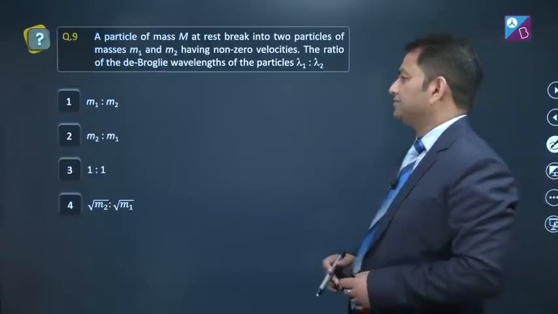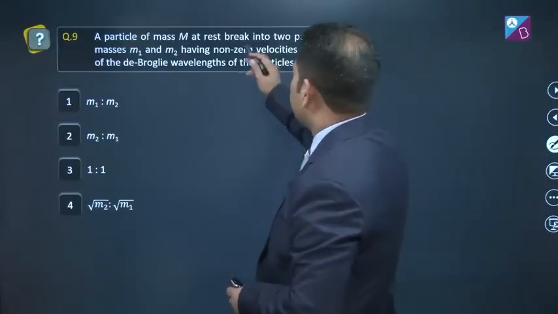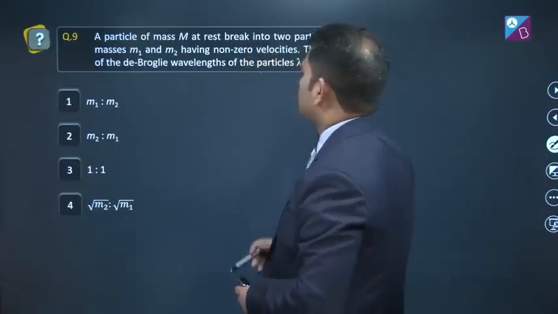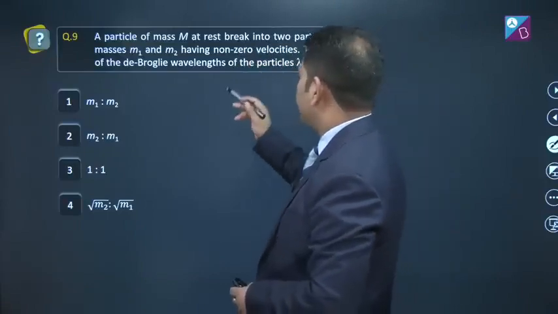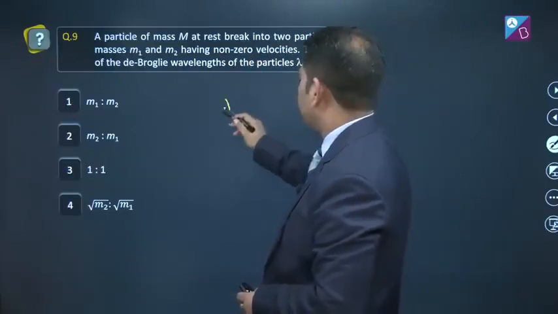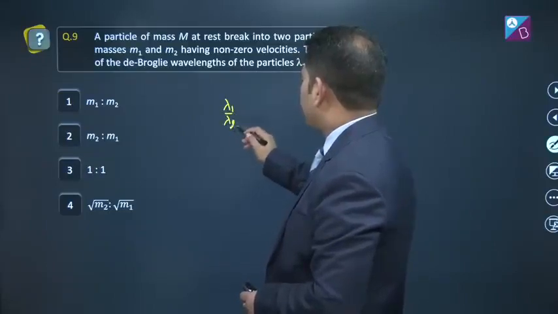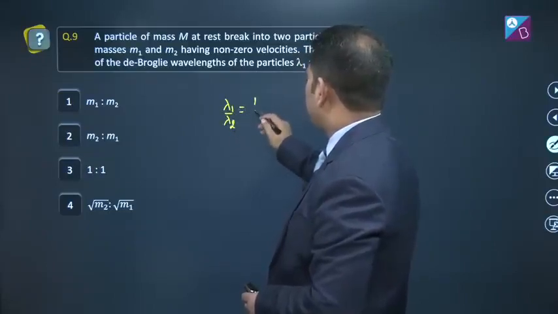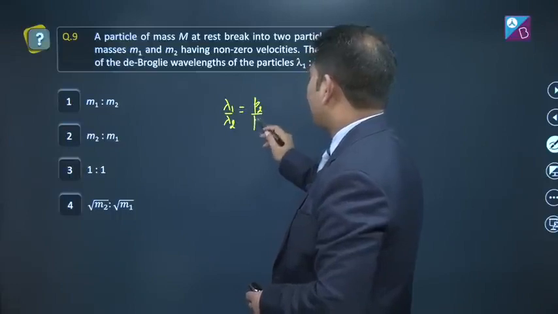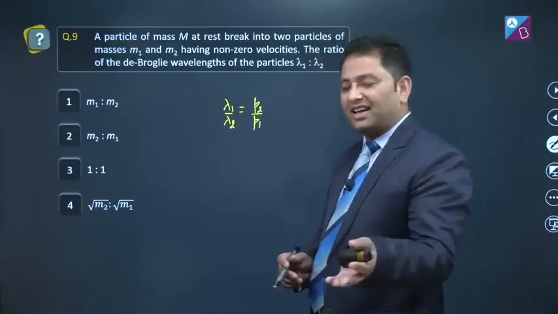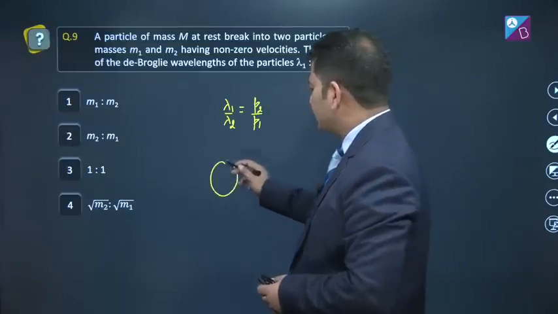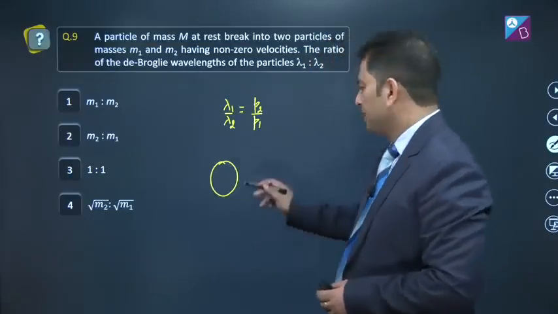Question number 9. A particle of mass m at rest breaks into two particles having non-zero velocities. Ratio of de Broglie wavelength. The ratio of the de Broglie wavelengths would of course be P2 by P1. Where did it come from? Lambda equals h by p, straightforward. Now, initially this particle is at rest.